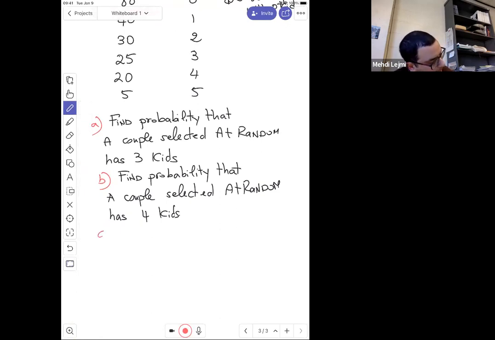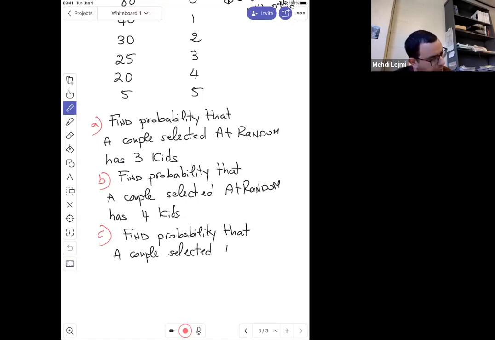C: again, find the probability that a couple, again a random couple selected at random, has, let's say, 1 kid.